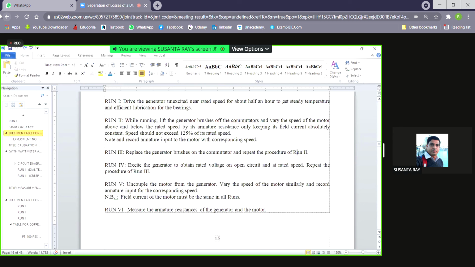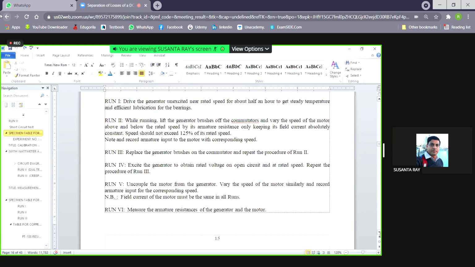Okay, so you just see run 5. Run 5, uncouple the motor from the generator. That is the speed. So in this way, we can separate the mechanical losses out.